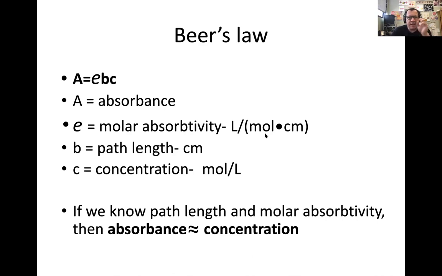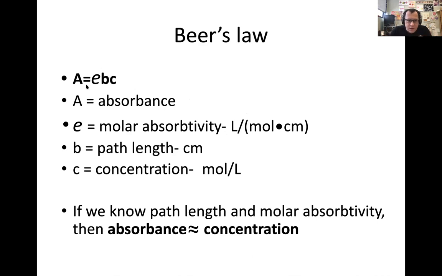For a given compound, this has to be empirically determined. So basically, if you have a mole of that compound and light passes through a centimeter of it, you know how much light gets absorbed by that sample.